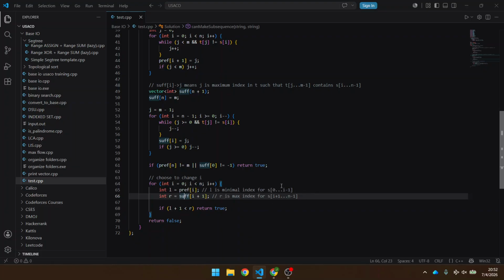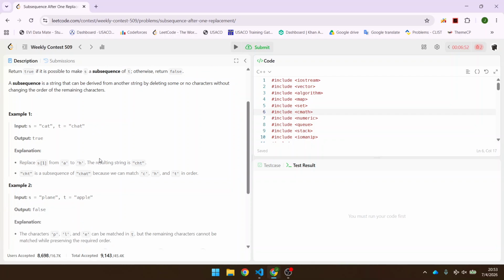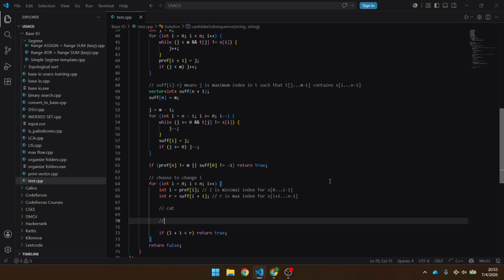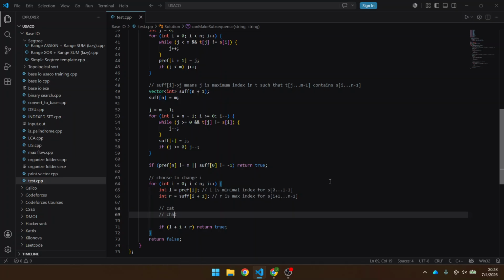So what this means is if there's a gap between L and R, we can just change this current character to the gap inside S. How do I explain it, right? If we have cat, and we have CHHT, or CHT, HHT, C over here we use this one, T we use this, so there's a gap of 2 in between.